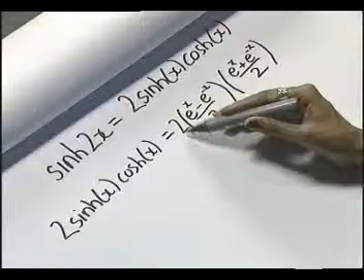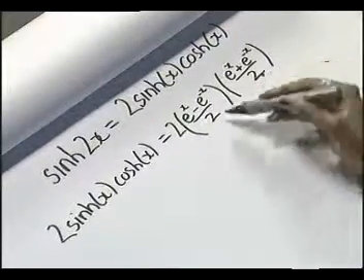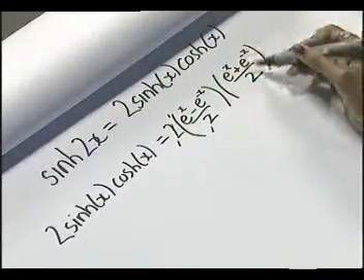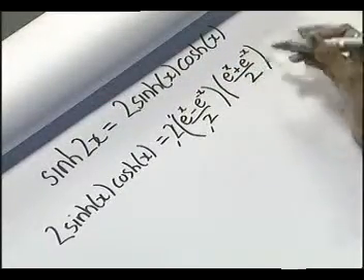Now you can see the 2 cancels with one of these denominators. So we'll cancel those and take out this half as a factor.